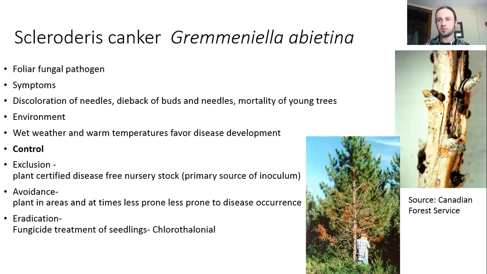You start out with disease-free stock. You move on from there. Additionally, during the planting stage, you can choose to plant in areas that are less prone, or during times that are less prone to disease. There are specific months of the year when this is most occurrent, such as the summer months. And additionally, you can use fungicide applications on seedlings.